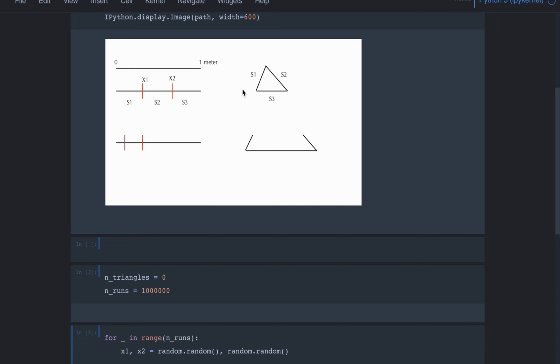For example, S1 plus S3 should be larger than S2. Similarly, S1 plus S2 should be larger than S3, and finally S2 plus S3 should be larger than S1. This means the sum of any two segments must be larger than the remaining third segment. That's the criteria for three lines to form a triangle.